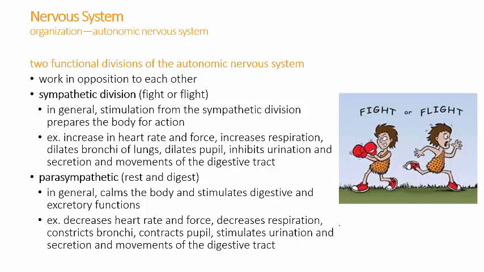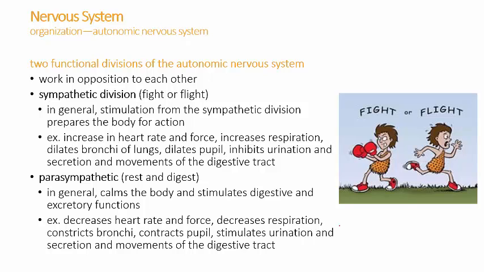So here we are. We've been introduced now to the general functions of the nervous system, the role of collecting sensory information, determining what to do based on the sensory information that comes in, and then sending out commands to do that work. And then we talked about the organization of the nervous system, central nervous system and peripheral nervous system. Within the peripheral nervous system, the sensory division and the motor division.